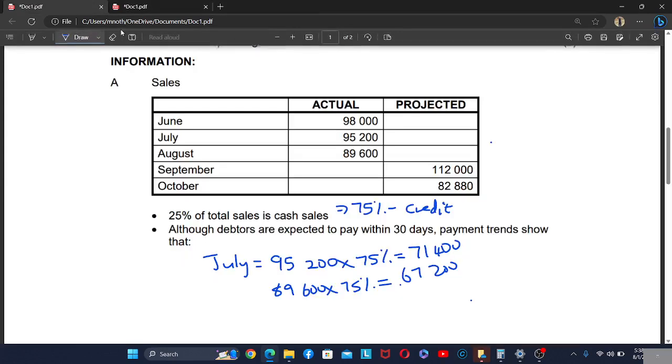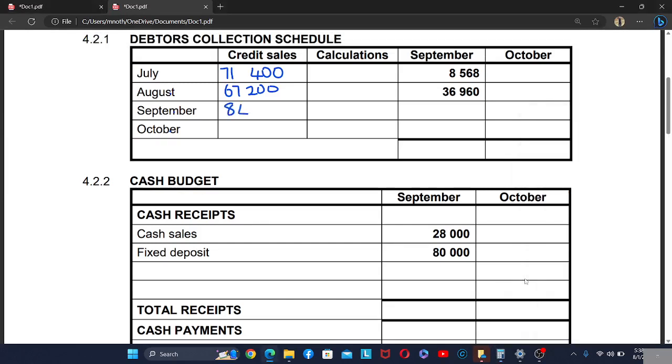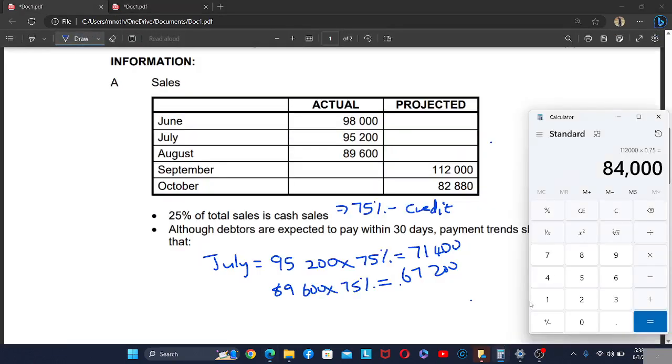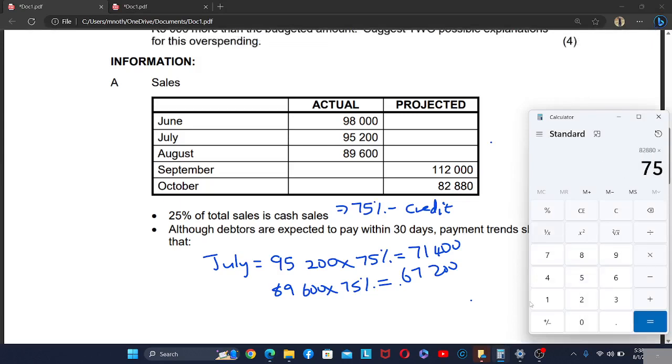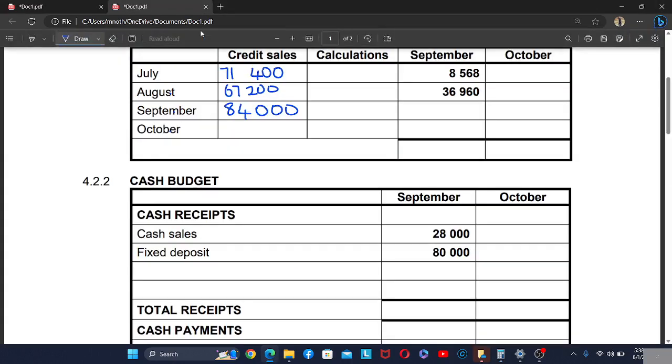And then for September, it is 112,000 multiplied by 75%. That is 84,000. And then for October, 82,680 multiplied by 75%. That is 62,160. So now we have the credit sales.